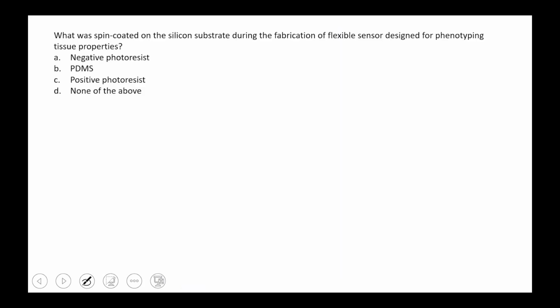negative photoresist, you know what application we can use it for.